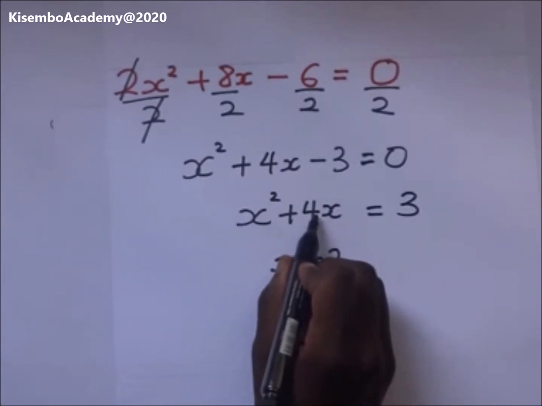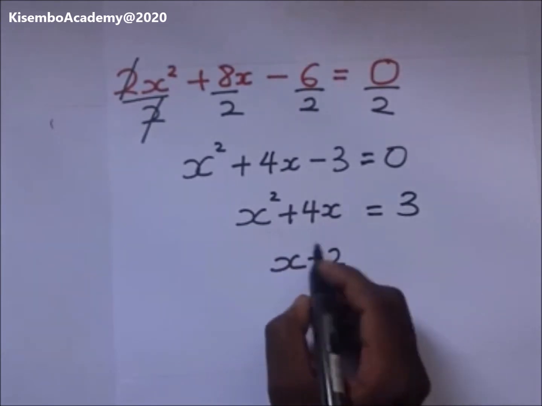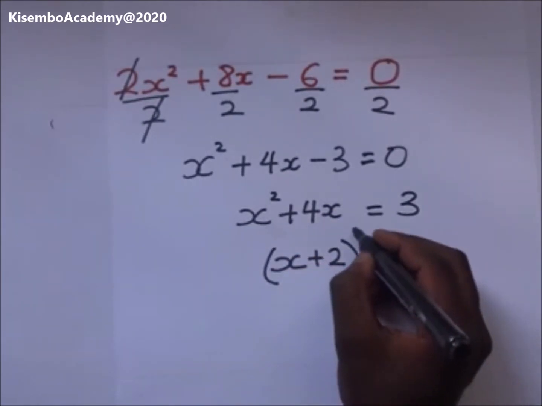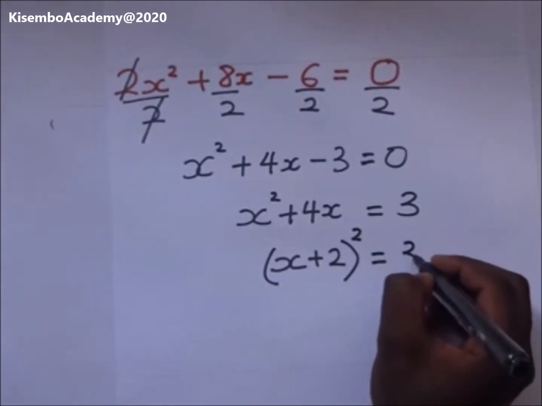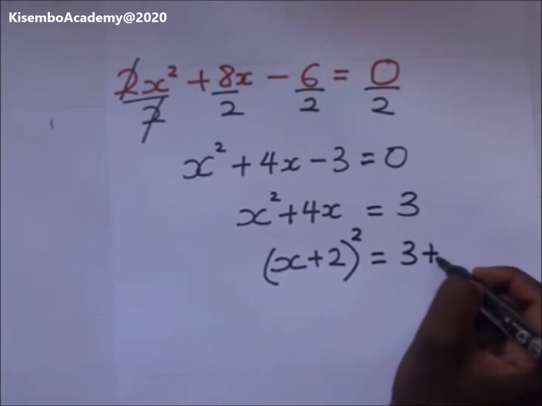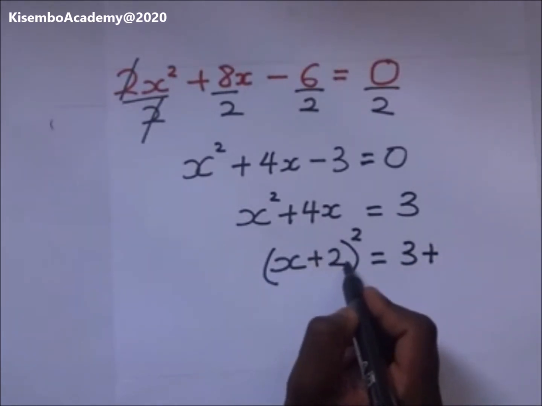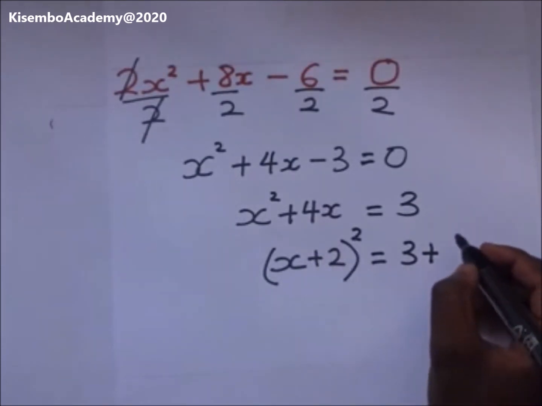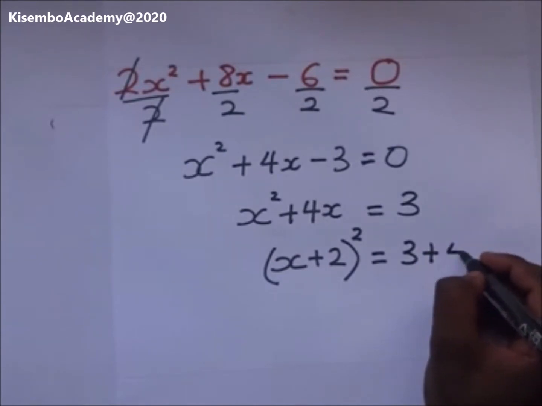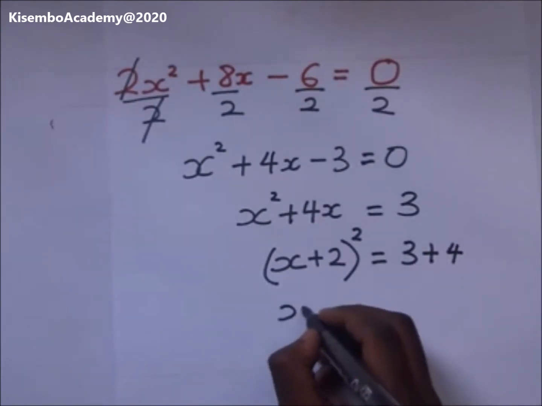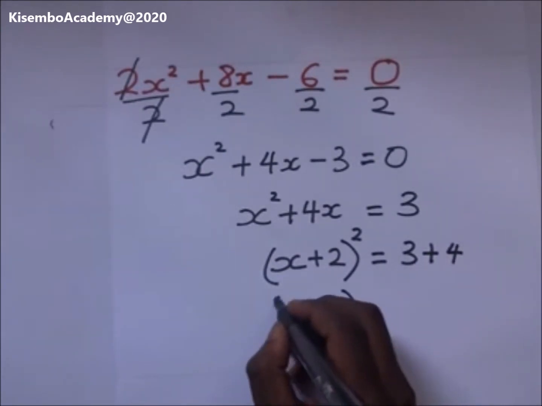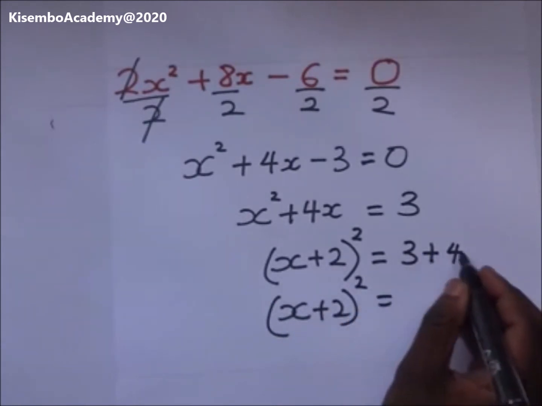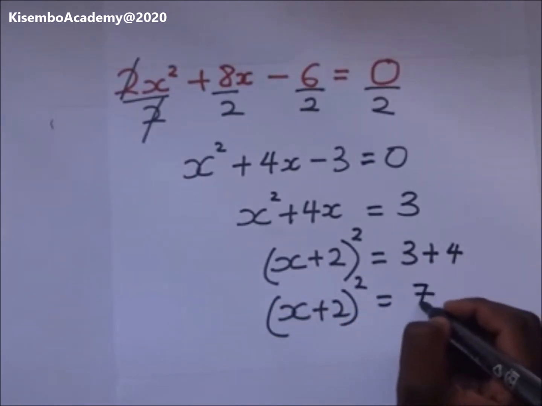Positive 4 divided by 2 is positive 2, so it's x plus 2, and this becomes a perfect square, is going to become 3. Then we're supposed to add this number squared, 2 squared, the answer we've got here, squared. So this is plus 4. So this is going to become x plus 2 squared, giving us 4 plus 3, which is 7.